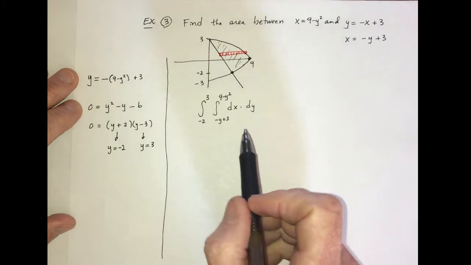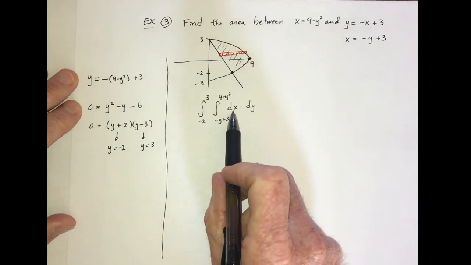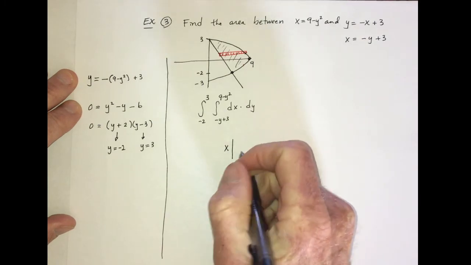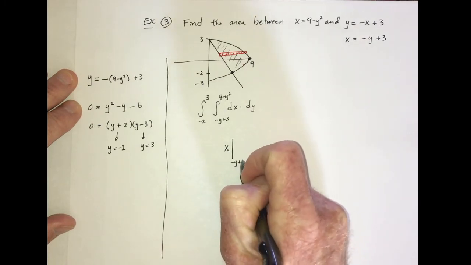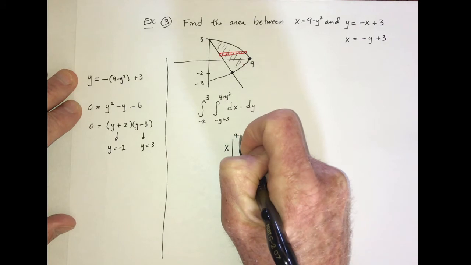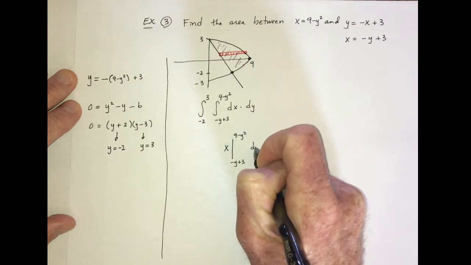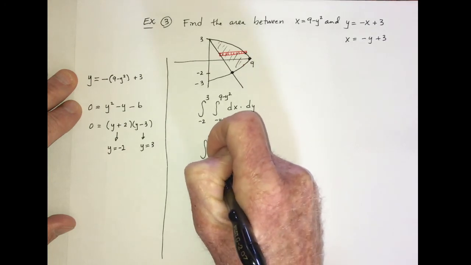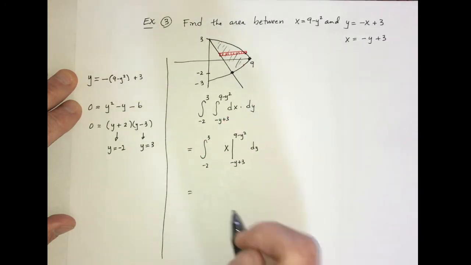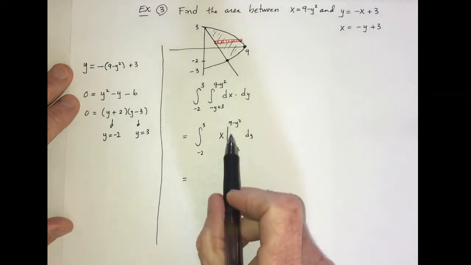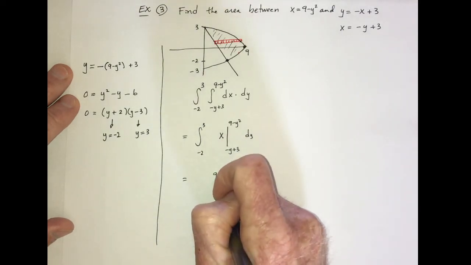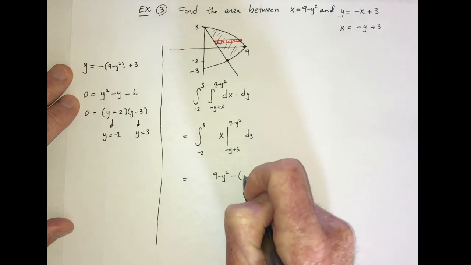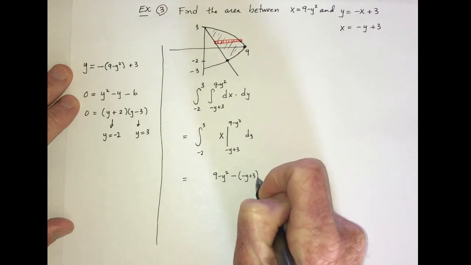And now do the actual calculus. So integrate with respect to x, this just becomes x, evaluated from negative y plus 3 to 9 minus y squared. And then later, we'll integrate with respect to y. So then, substituting the limits, it'll be 9 minus y squared minus negative y plus 3.